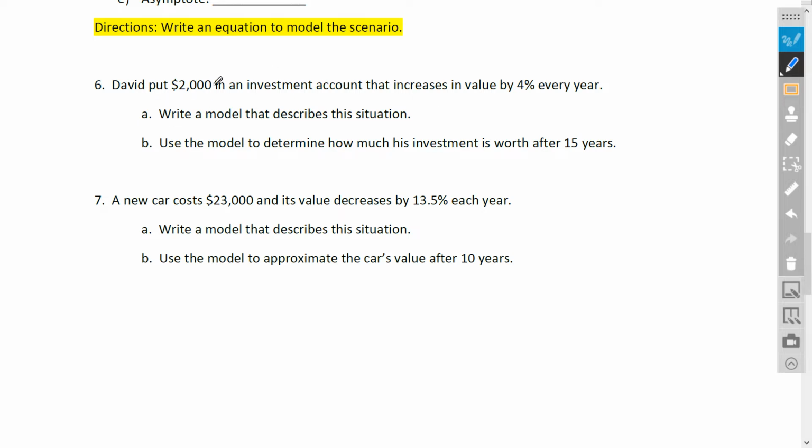So David put 2,000 in an investment account that increases in value 4% every year. So this is growth. And the R value, which is the rate, is 4%, but we got to divide that by 100 to make it a decimal. So 0.04 is our rate here. Just divide the percent by 100.